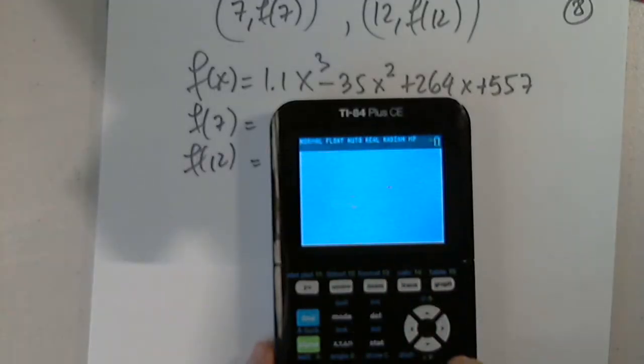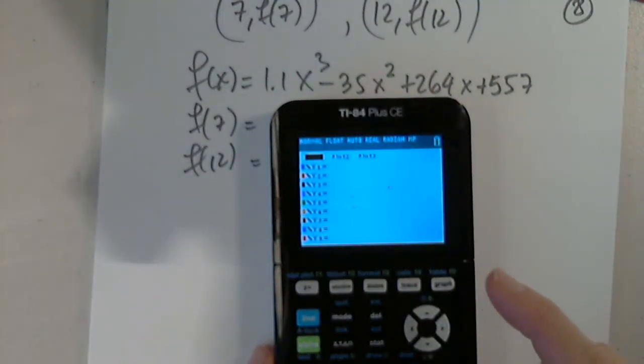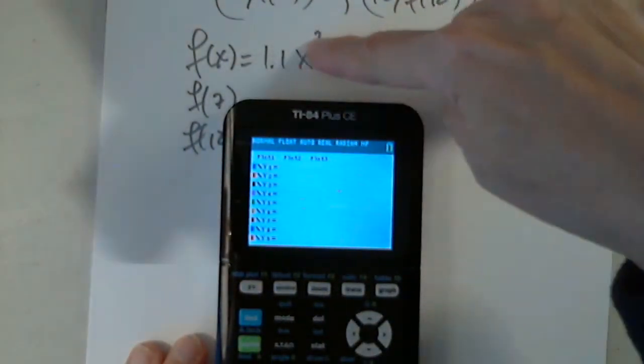In y equals, clear if you have anything. I also have to clear, potentially, my stat plot. I can activate it later. Okay, so in y1, let's enter this function.